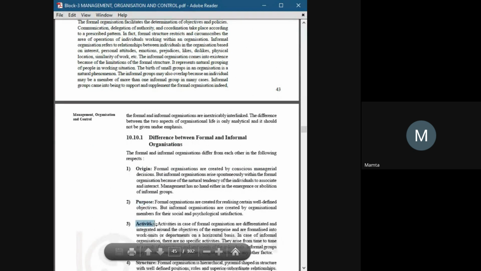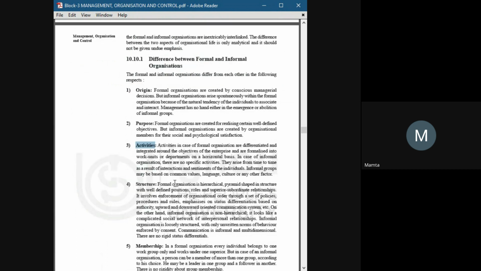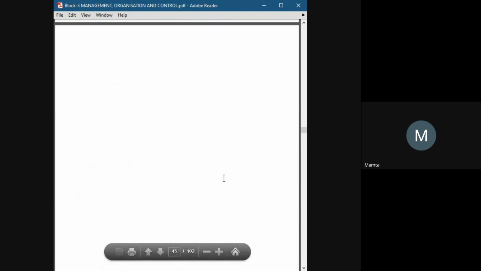Activities. In formal organization, activities are assigned by the authorities or the top level management, but the activities we perform in the informal organization are not so specific. We can perform some language, cultural or common values or some games, so these are the activities, no one has specified them.